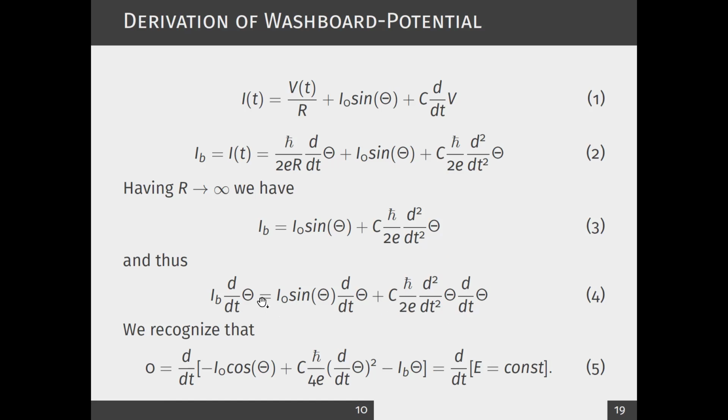So you see, if you place everything on one side, so equation 4, you move this term to the right side and there will be 0 here, then you can write that such relation occurs: 0 is equal to d over dt of the expression with I cosine theta, this square and this minus IB theta.